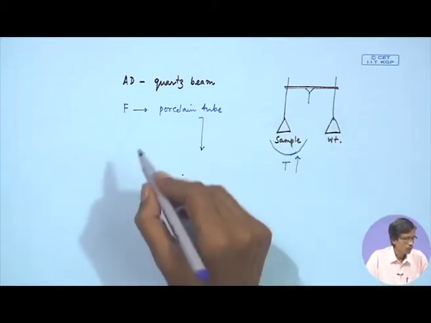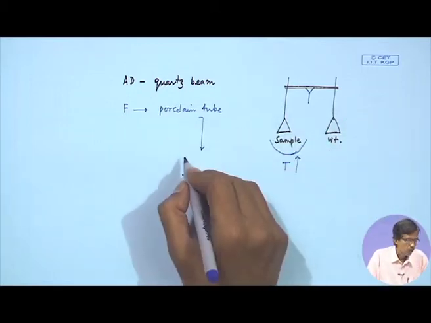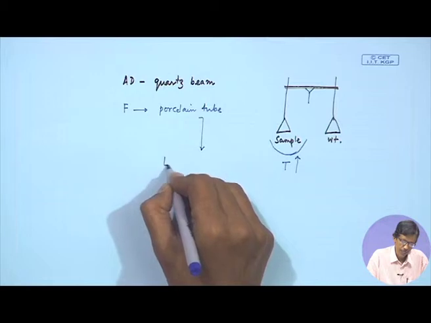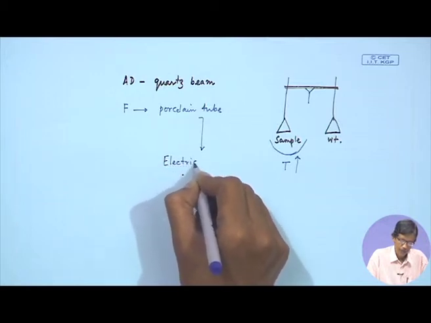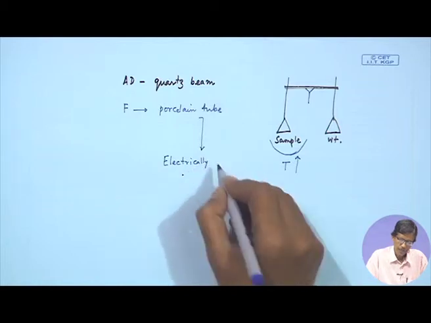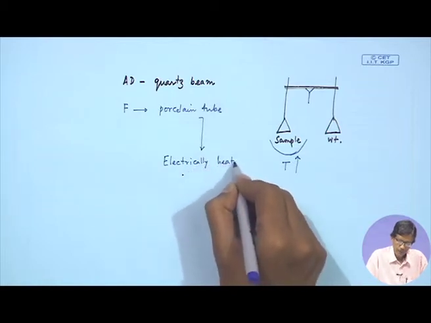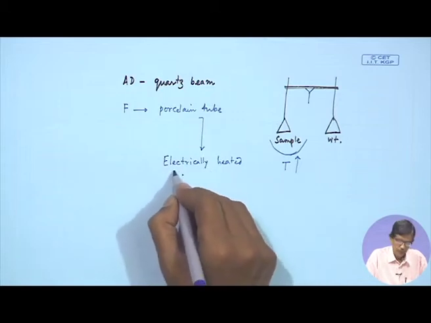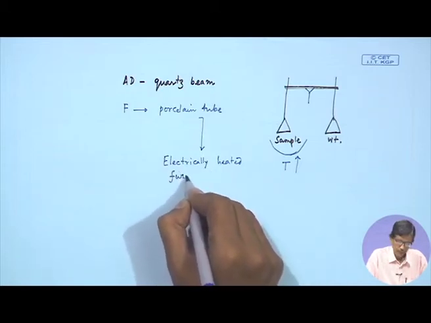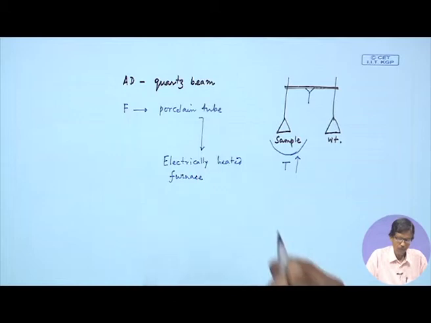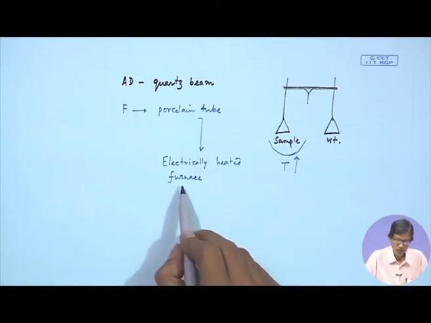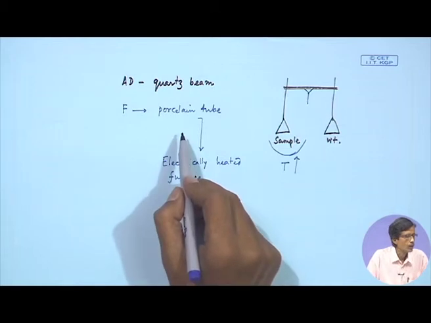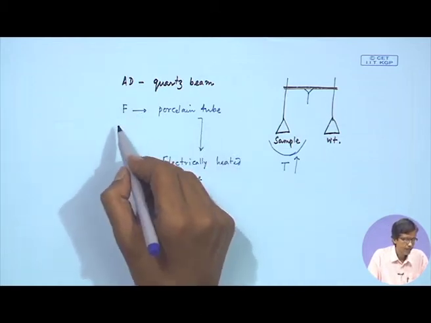So, this porcelain tube goes into the furnace, which is nothing but an electrically heated furnace, useful for this particular measurement.